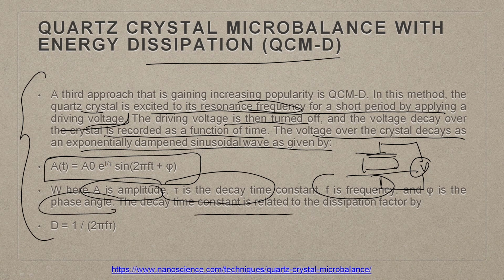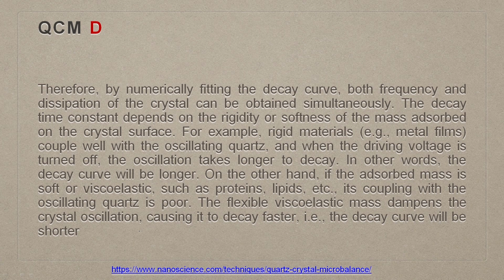The decay time constant is related to the dissipation factor by this relationship. This is currently the most widely used QCM-D method. Therefore, by numerically fitting the decay curve, both frequency and dissipation of the crystal can be obtained simultaneously.